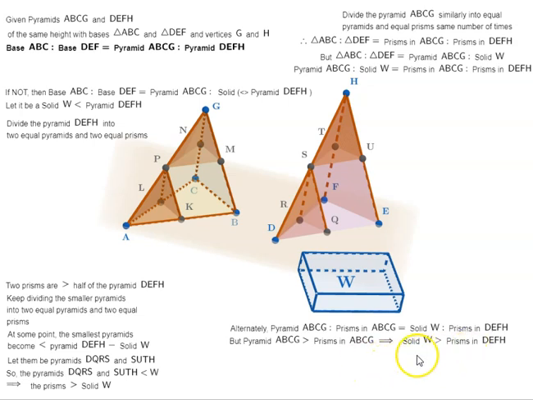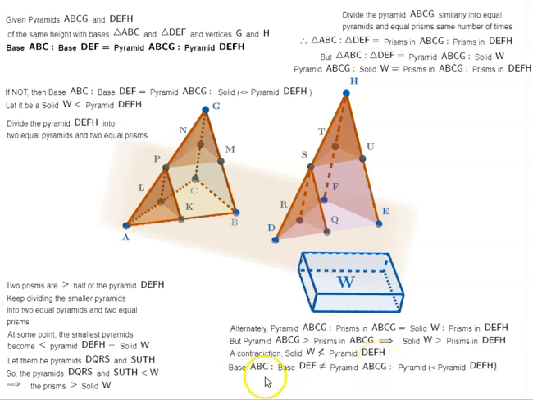And here is where we reach a contradiction. Why? Because here we are saying solid W is greater than prisms in DEFH, and we have arrived at a statement which says that the prisms are greater than solid W. So, because of this contradiction, our assumption that solid W is less than pyramid DEFH is wrong. It is not less than pyramid DEFH.